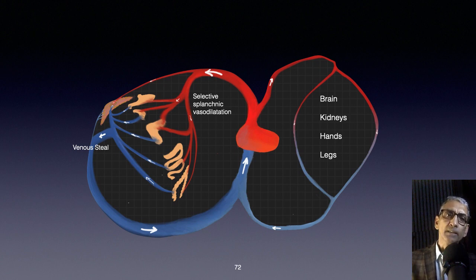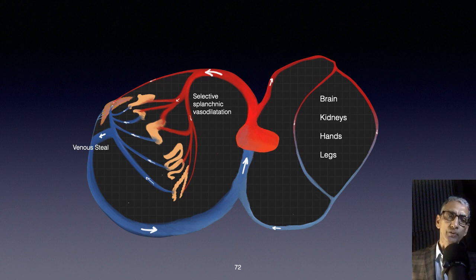So what do the kidneys do? As a compensation, they activate the renin angiotensin aldosterone system, and the idea is to conserve fluid. The angiotensin acts like a vasoconstrictor, and the aldosterone is going to retain sodium and some of the water. Now, there are two sides to this. Angiotensin is good, going to cause vasoconstriction, which is okay because we have too much vasodilatation in part of the body.